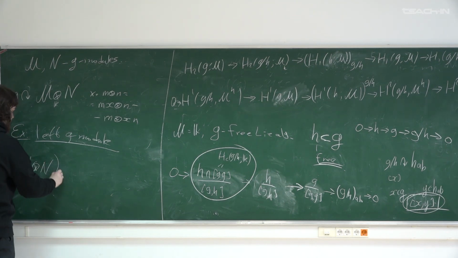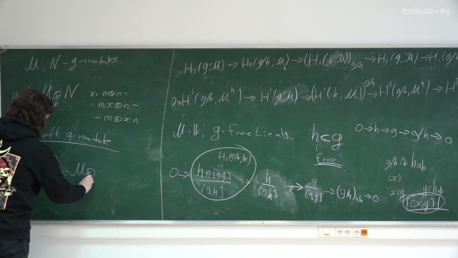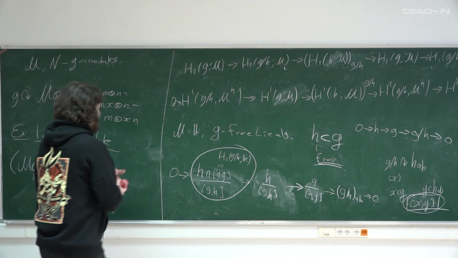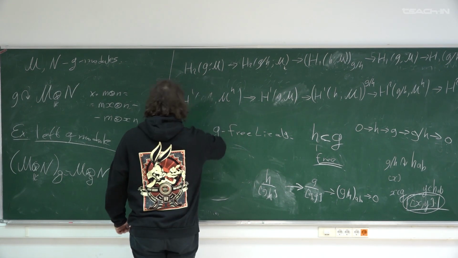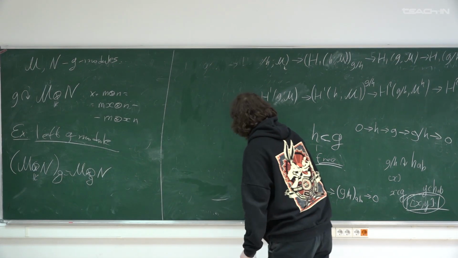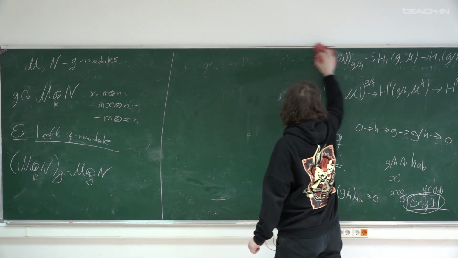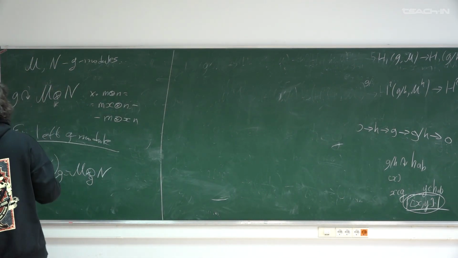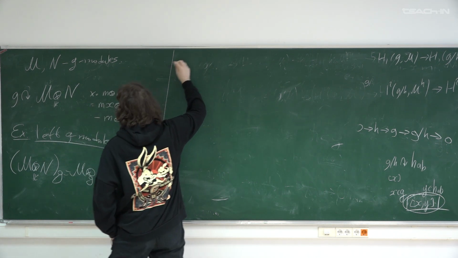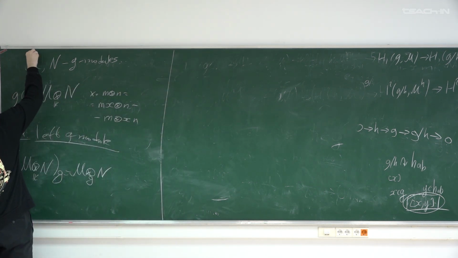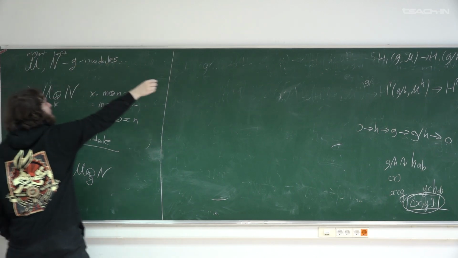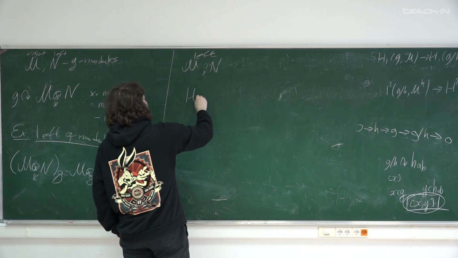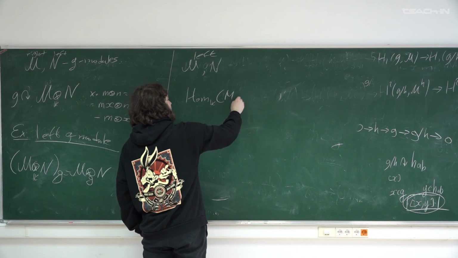Coinvariance of this action is just the tensor product over G. And the same story holds for Hom. If we have two left modules or two right modules, here it was right and left, now both left for example, then we can consider the Hom between them over K, just as vector spaces.